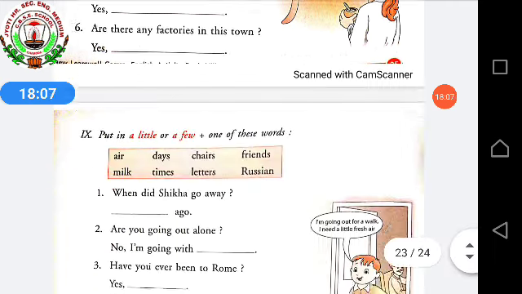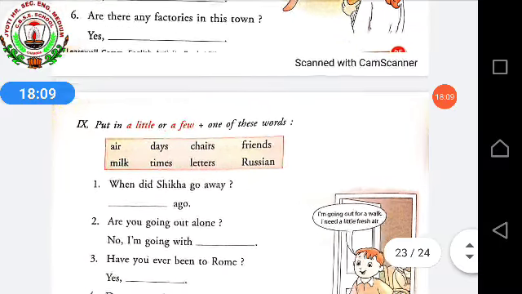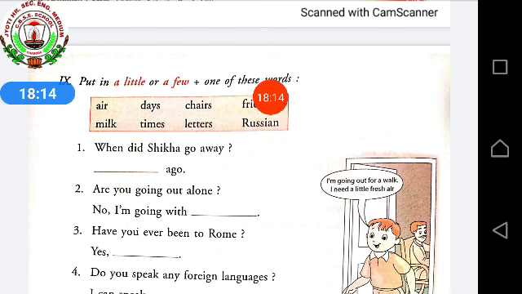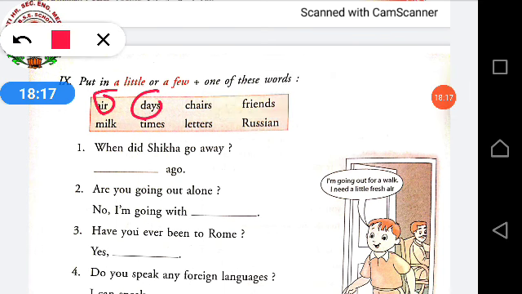Okay. Next you see, put in a little or a few plus one of these words. The words are already given over here: air, days, chairs. Now, you people have to find out after reading the sentence whether it is countable or uncountable, and then put a little or a few.